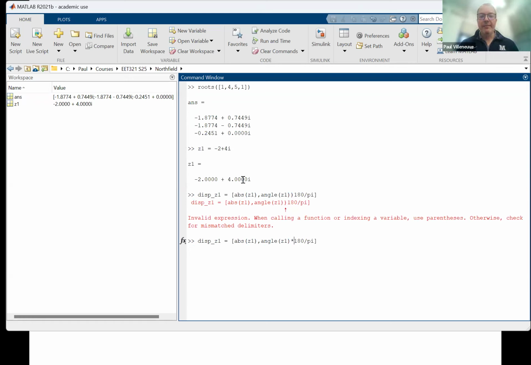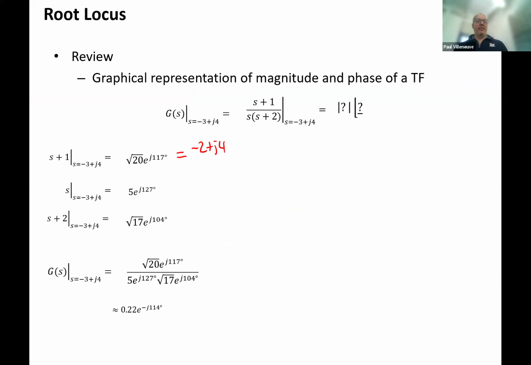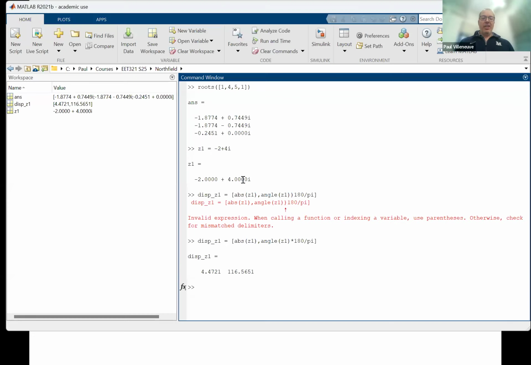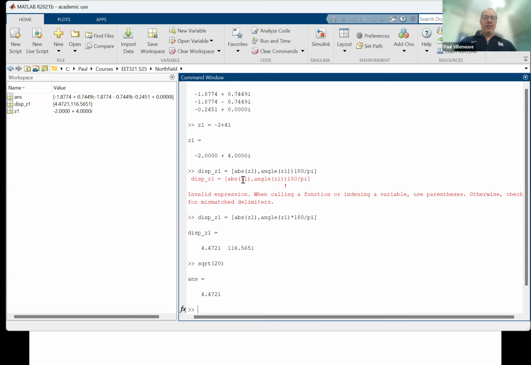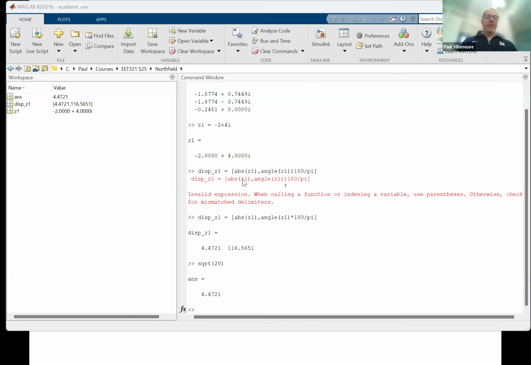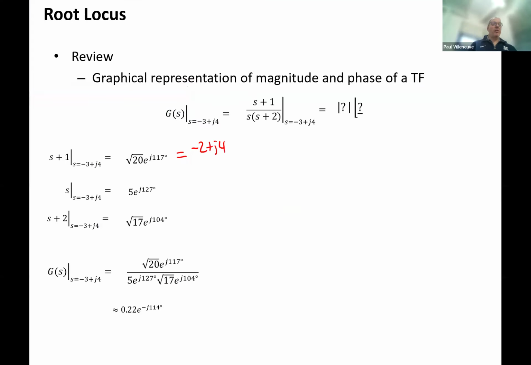So I got 4.47 at an angle of 116.7. Let's check that over here. I got square root of 20 at an angle of, we'll call it 117. Square root of 20 is 4.4721, right? So that is the magnitude and angle for the 0 at that value.